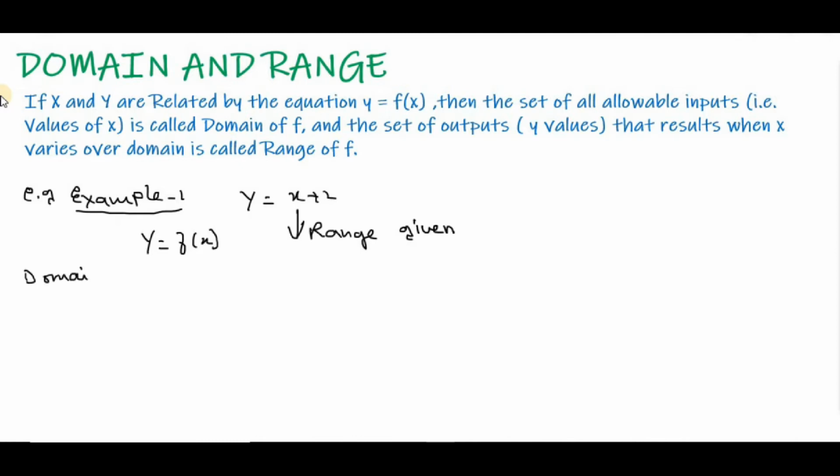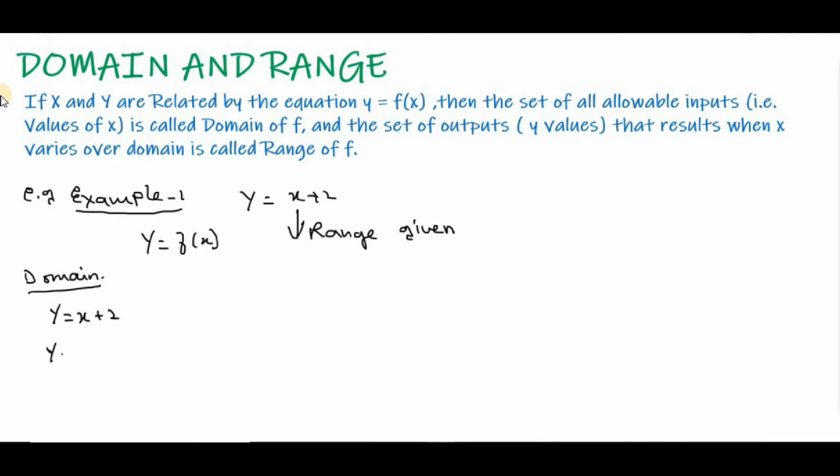Domain. So, which means that we have to write x in terms of y, which means we will put the values of y and get the values of x. So, y is equal to x plus 2.